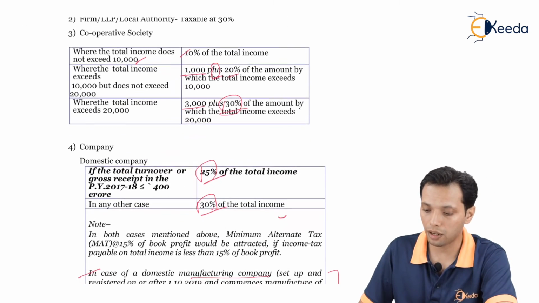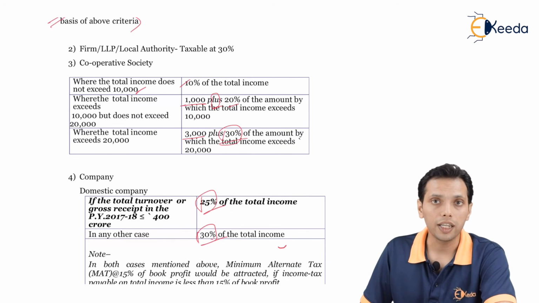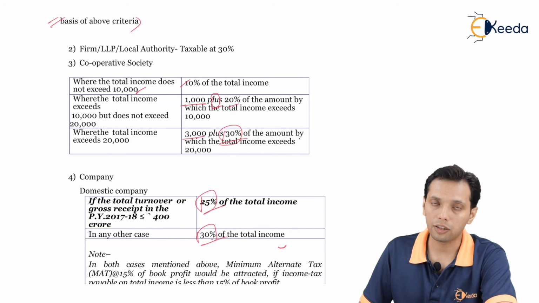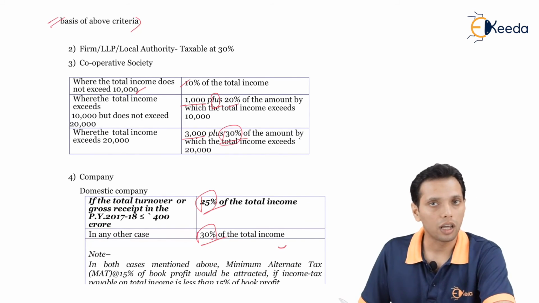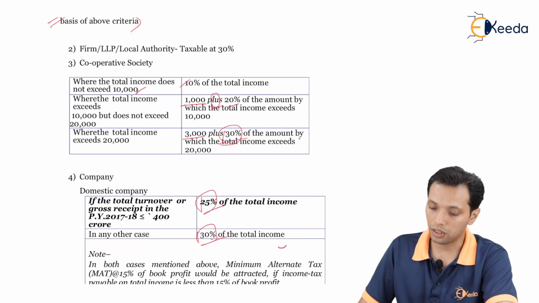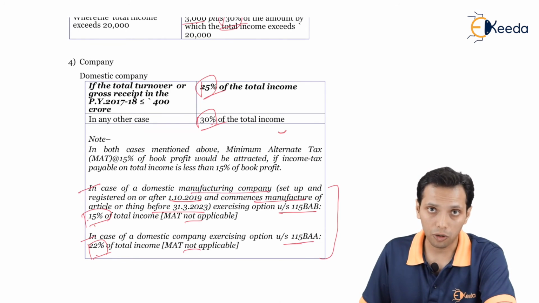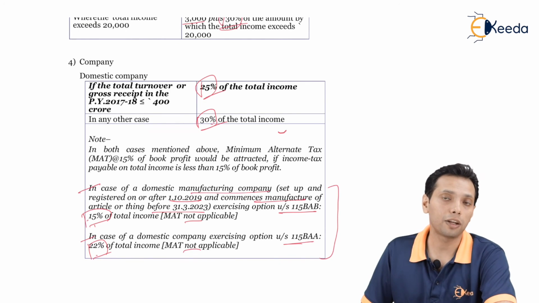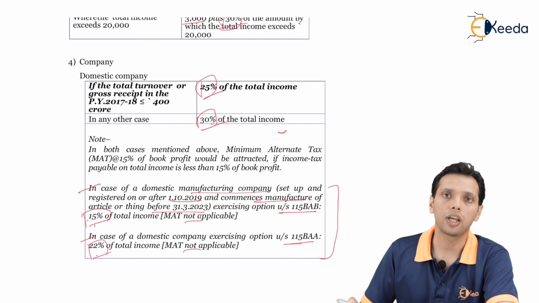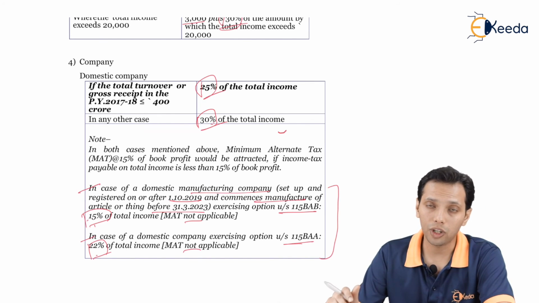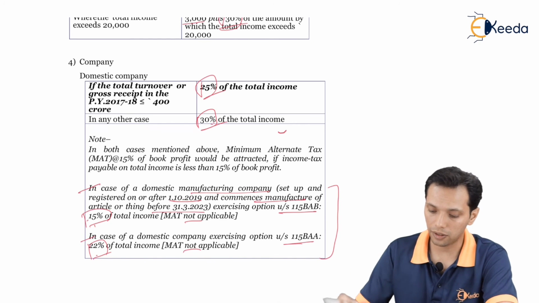For cooperative societies there is again a slab rate: 10,000, 10 to 20, and more than 20 it's 30% plus 3,000. Then for companies there are varied rates of tax depending upon the beneficial rate, depending upon whether it's a domestic manufacturing company or not. It could be 15%, 22%, 25%, and 30%.